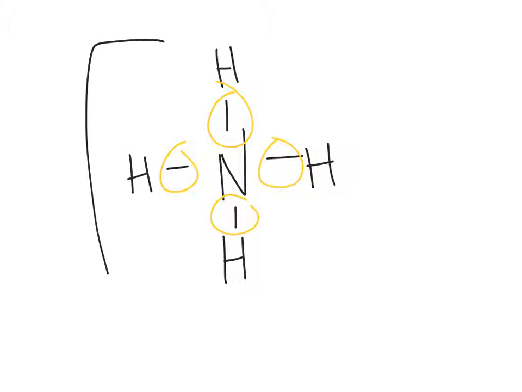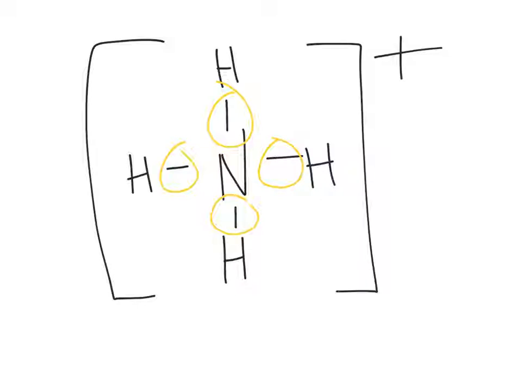But since this is an ion, we still have to use the brackets to show the overall charge. So this is the Lewis dot structure showing the covalent bonding between the atoms of the polyatomic ion for ammonium. The trick is that you have to have the right number of valence electrons on your structure for the ion.